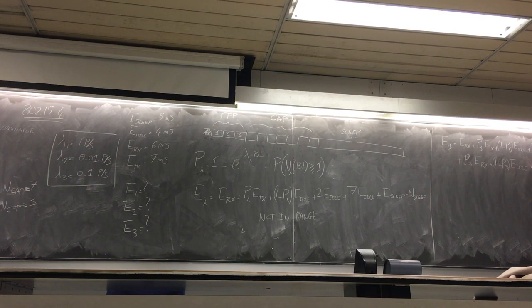Then I have the collision access part, so the idle. And then I have the sleep part, so n sleep times... okay, so that's the case where the node is in range.